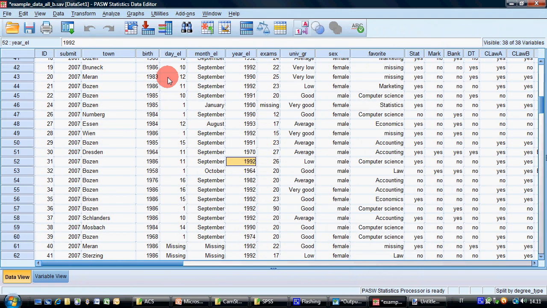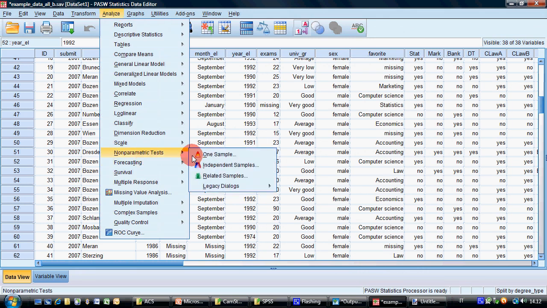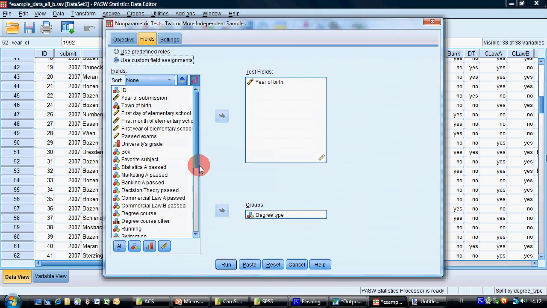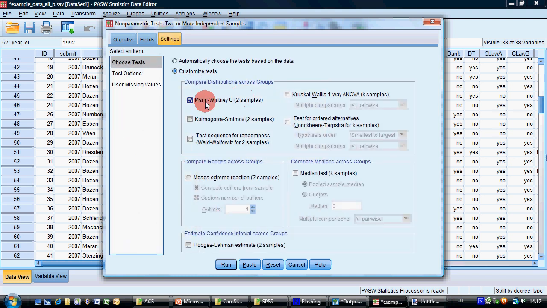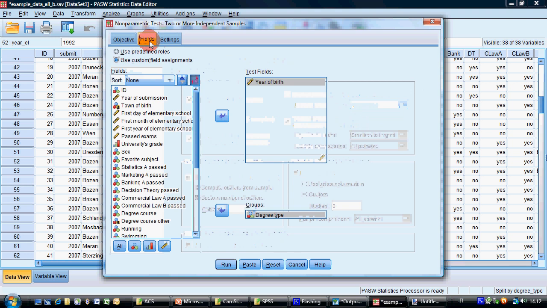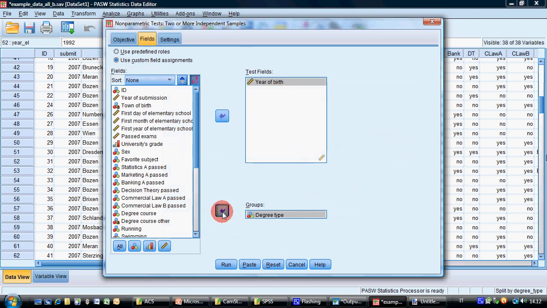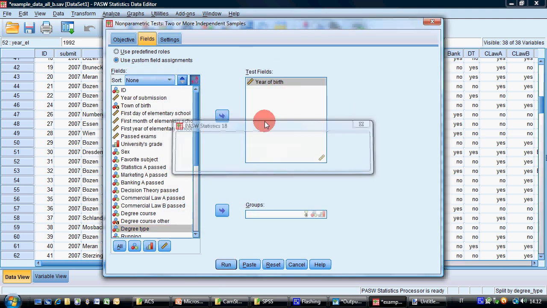It's identical. Analyze, non-parametric test, independent samples. Please go to settings and choose Kruskal-Wallis. Remove this one, remove this one.